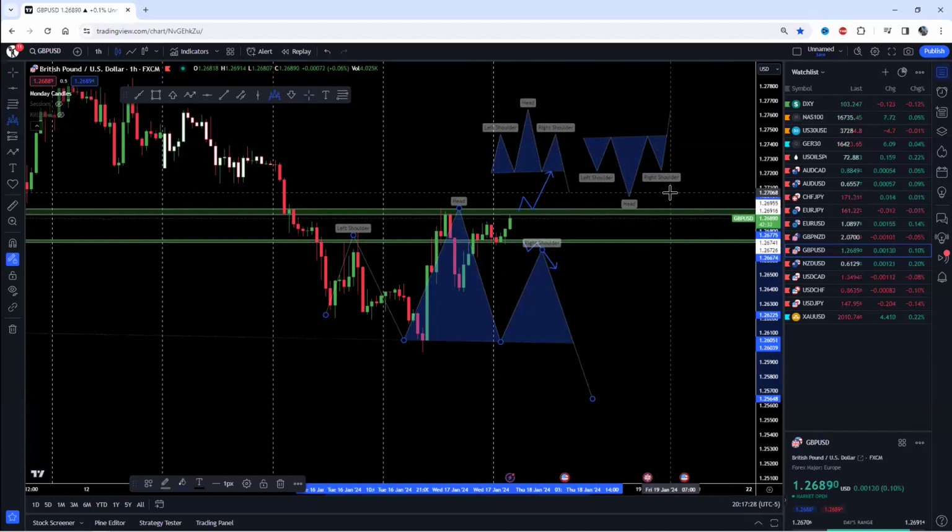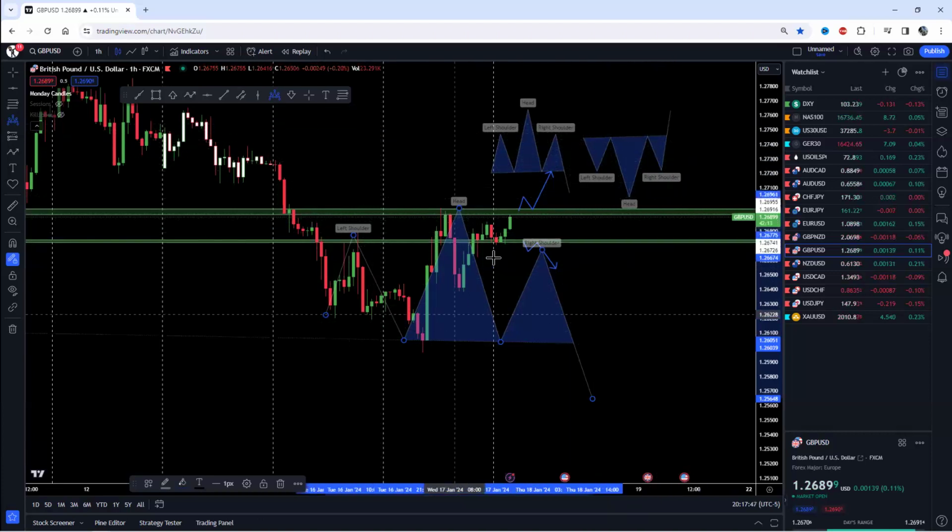So now, not only do we have 1 and 2 entry points, now we have identified what head and shoulders are, what it looks like, and what it could be. It looks like this right here, but if it decides not to do this, it will make this right here, and continue down.